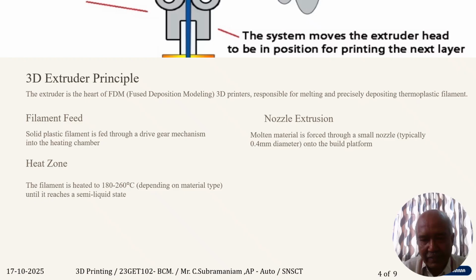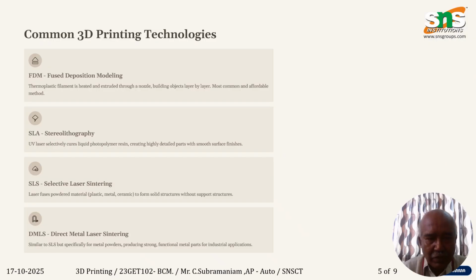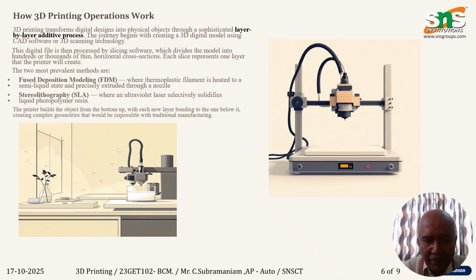The common 3D printing technologies are FDM, that is fused deposition modeling, and SLA stereolithography, which we have just mentioned, and SLS, which finally comes to DMLS, direct metal laser sintering. And this is a typical 3D printing machine. There are two types of 3D printing machines.